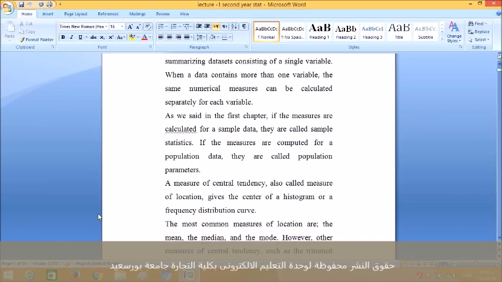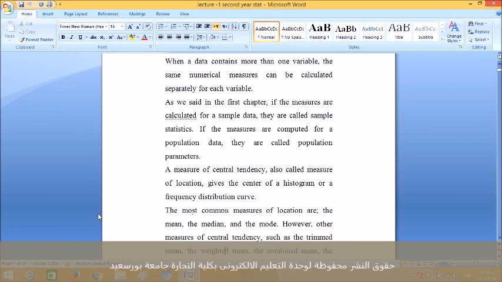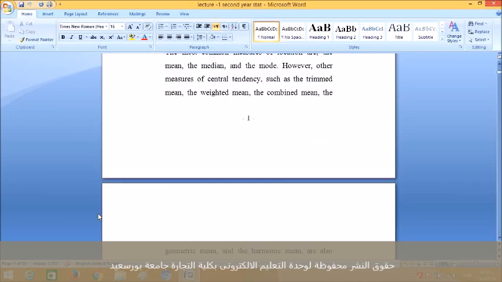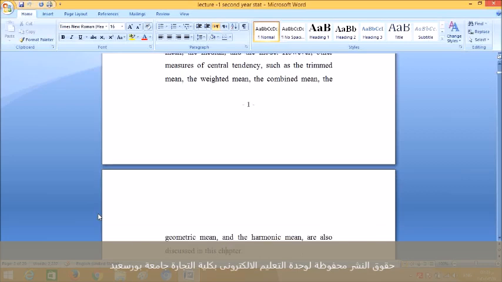However, other measures of central tendency, such as the trimmed mean, the weighted mean, the combined mean, and the geometric mean, in addition to the harmonic mean, will be explained in this chapter.